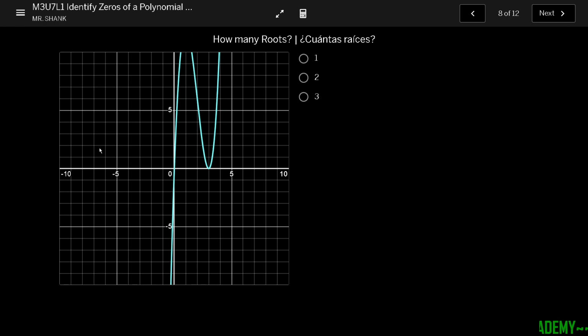So in this picture, same idea. I can say I have a single root at (0, 0) and a double root at (3, 0), and the total number of roots would be 3.